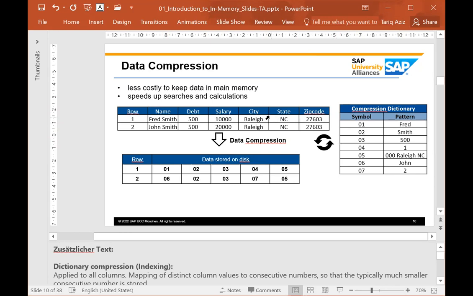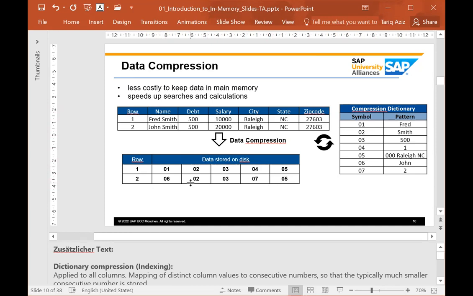Salary has a number. City has a number. Zip code has a number. So if you see here, instead of storing the real value, we are storing the codes. Every state has a code, every city has a code, this value has a code.